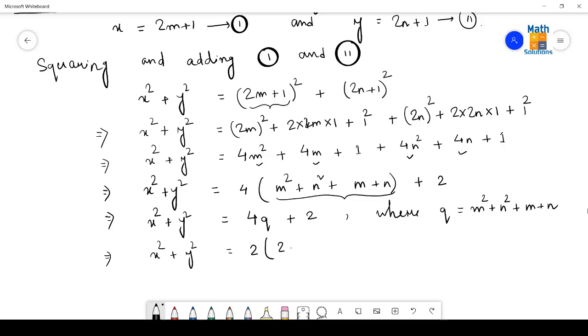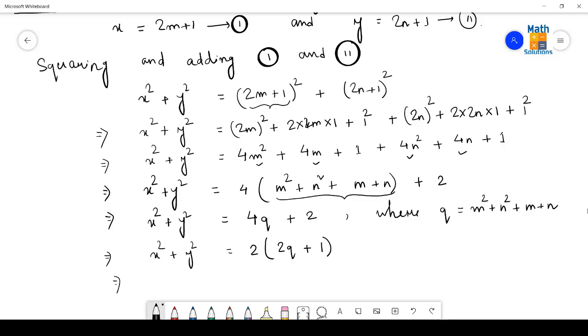I get here 2q left within the bracket, plus in place of this 2 I can put 1. So it is very clear that the quantity which I get on the right hand side is a multiple of 2. 2 into something means that it is a multiple of 2.